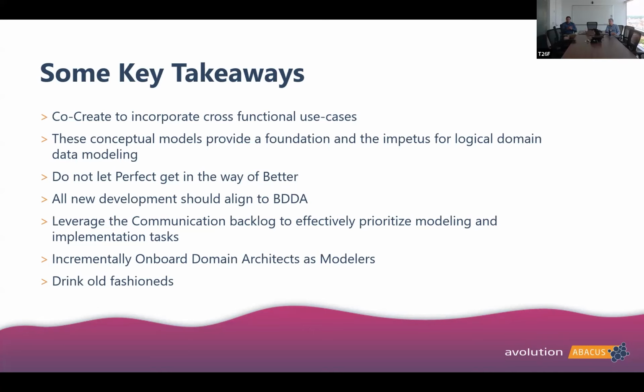Yeah, and I'll quickly add that if you remember when we showed that matrix of abilities, Robert's talking about how within a domain, there's a backlog that drives priorities. That abilities matrix helps us manage priorities at the macro level, kind of across the enterprise. So of our 19 business domains, we've only modeled, I shouldn't say only, it's been a lot of work. We've modeled 11. We have 2 more that are in process.